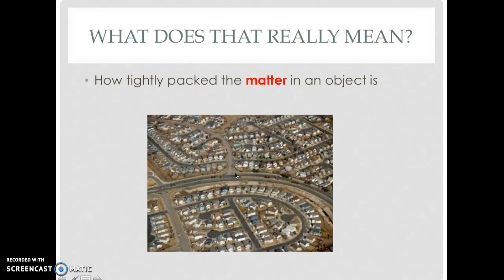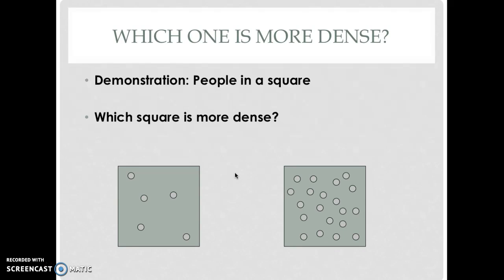Now let's do a little more about that. In this diagram there are two boxes, and the space is the same in both of them. In the first box there are just five circles, and in the second box there are so many circles.